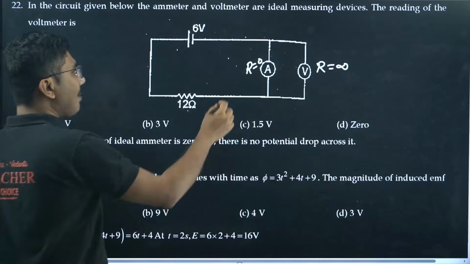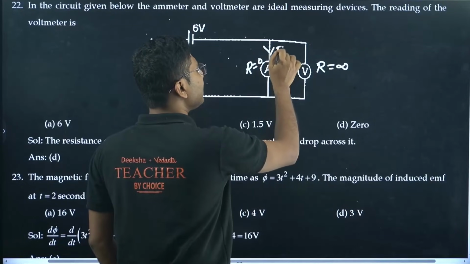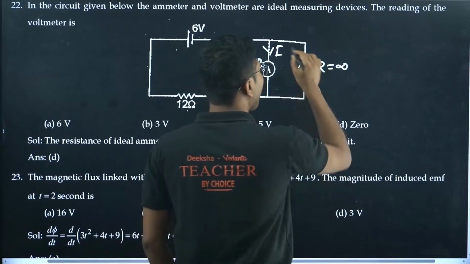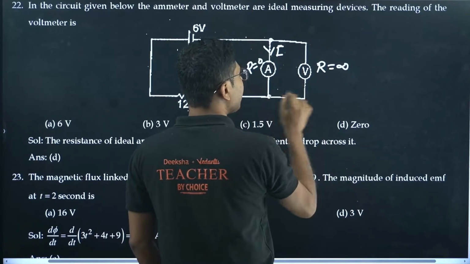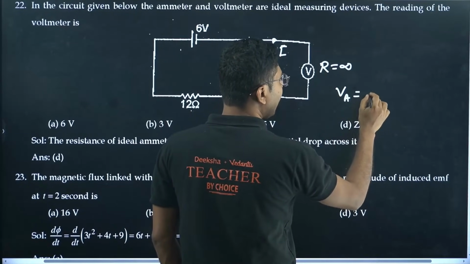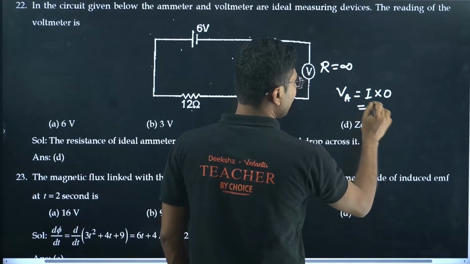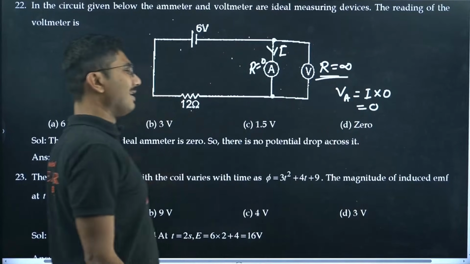Now here the ideal ammeter has 0 resistance, so no matter whatever current passes through it, what voltage drop are you going to get across it? Voltage drop across the ammeter will be given by current into resistance, which is 0, that is 0. So this voltmeter will give you a reading of 0.